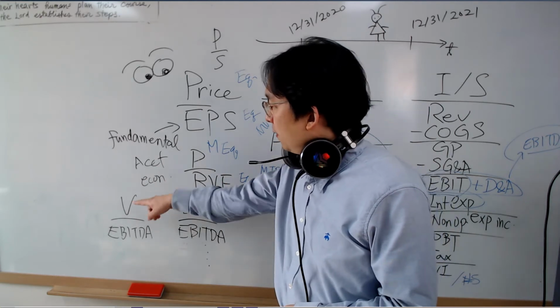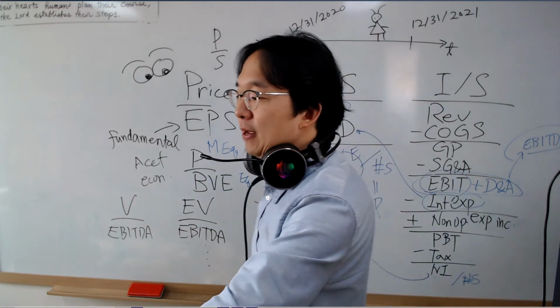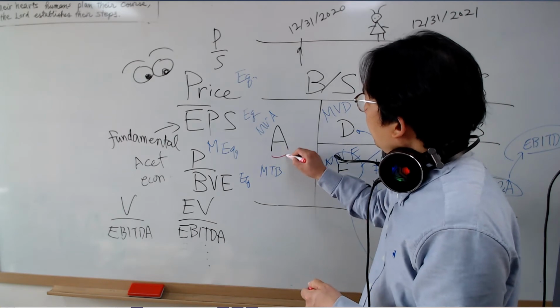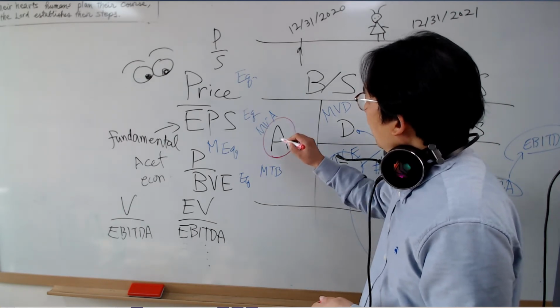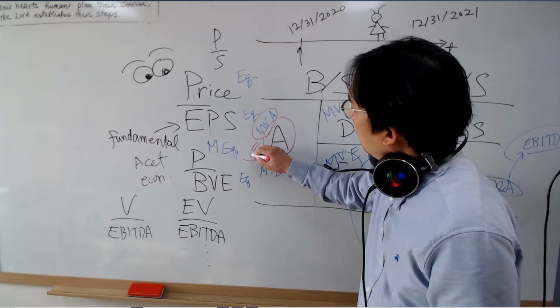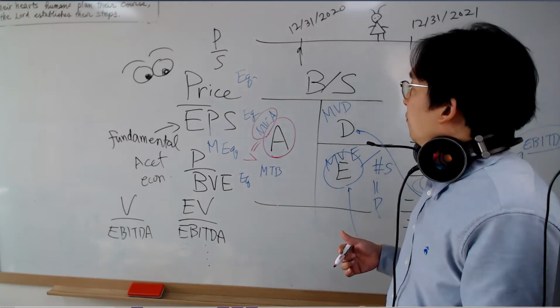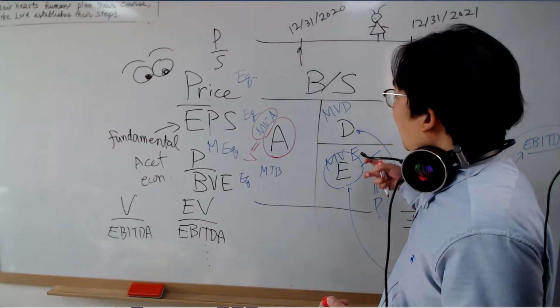So first things first, value. What is that? That is market value of assets. This is the market value of assets, the value of a company, MVA. Then that's market value of debt plus market value of equity.